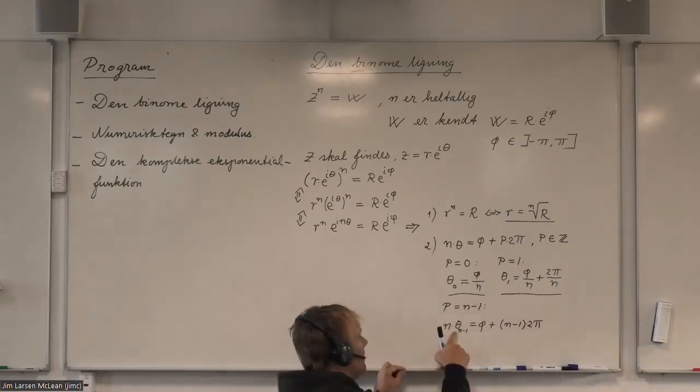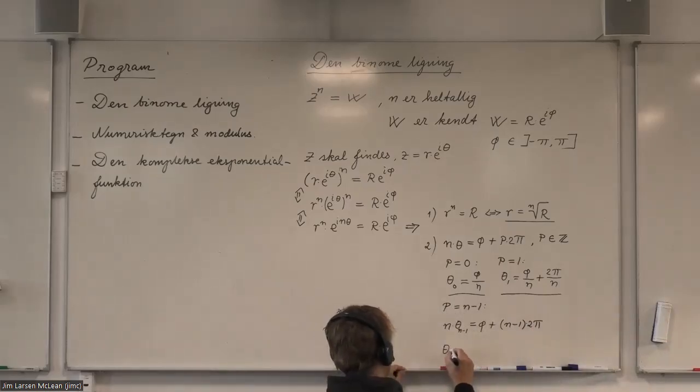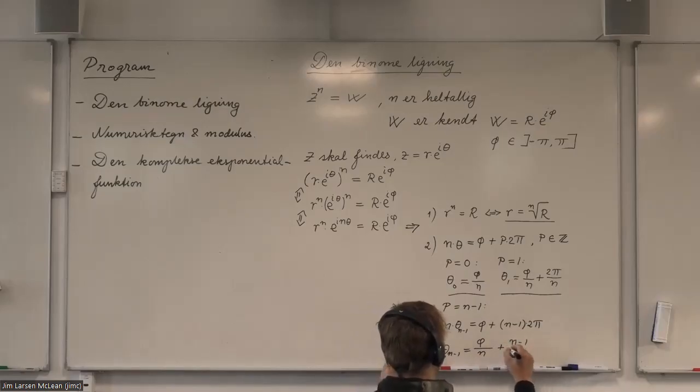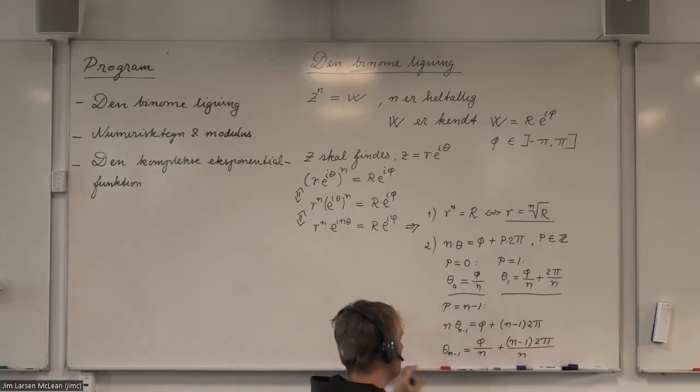And then I can isolate theta n minus 1. Now I just want to divide the equation by n, so I get phi over n plus n minus 1 times 2 pi over n. And this is the last angle that works, this one.